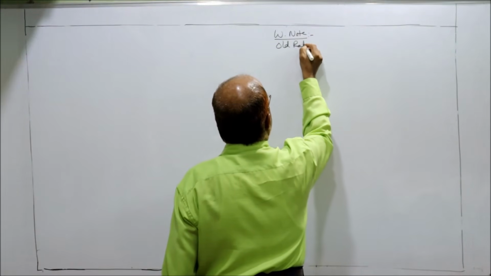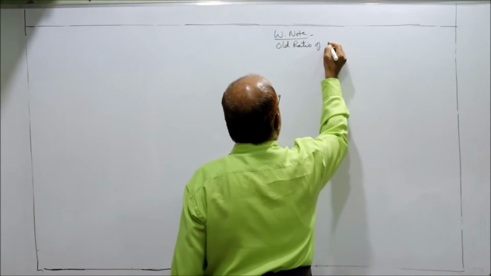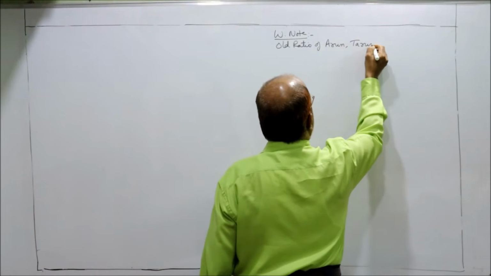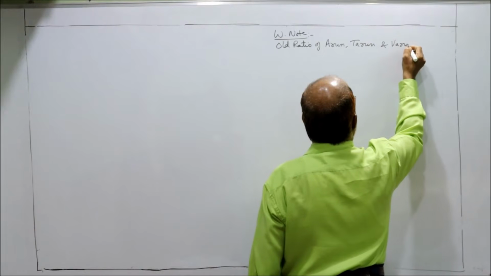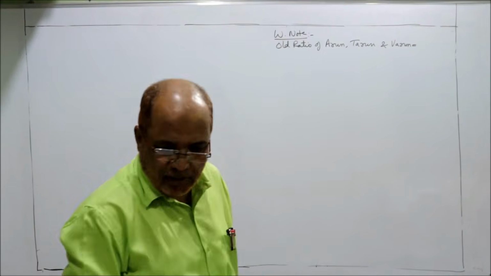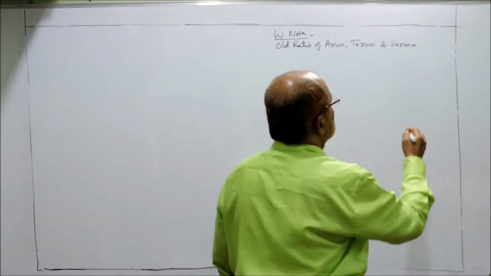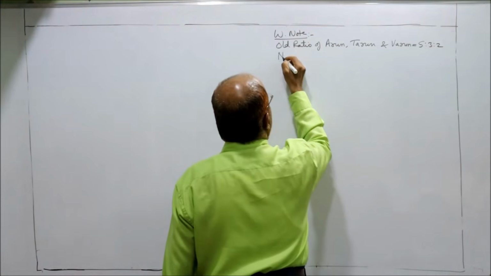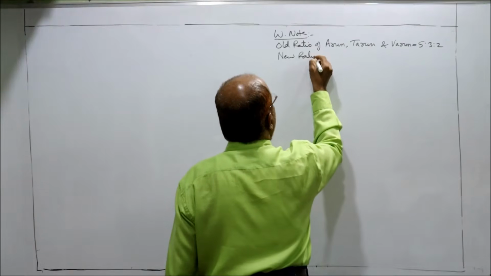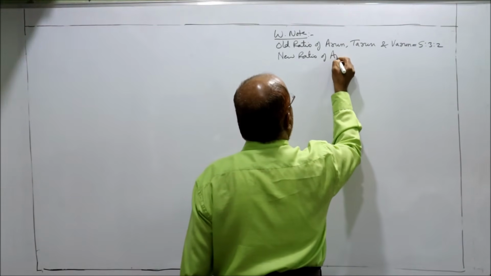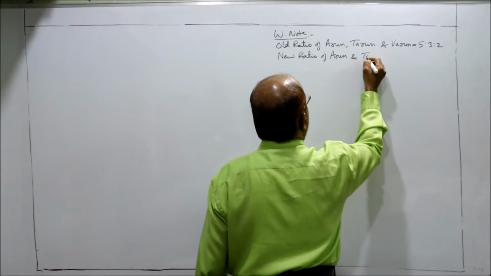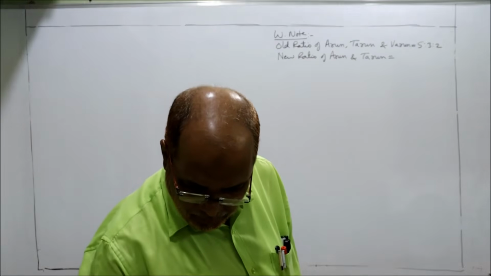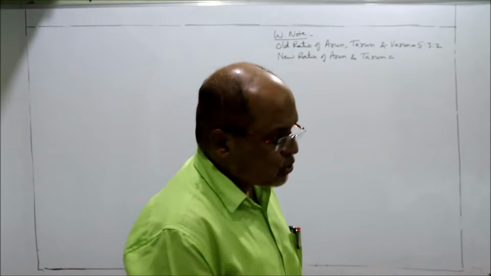Old ratio of Arun, Tarun and Varun is equal to 5:3:2. New ratio of Arun and Tarun is equal to, what is the new ratio given in the problem? 3:2.